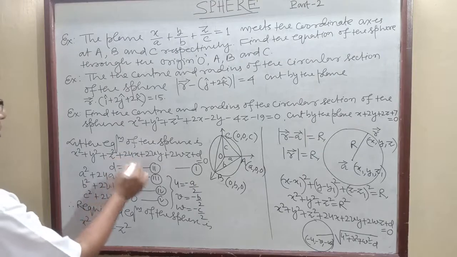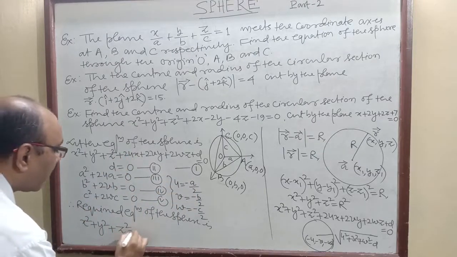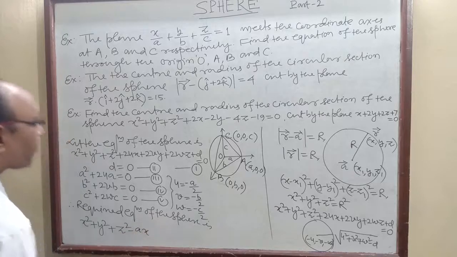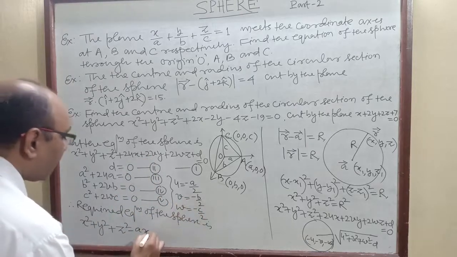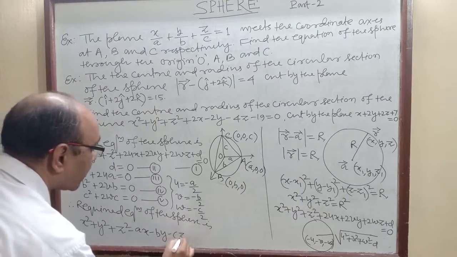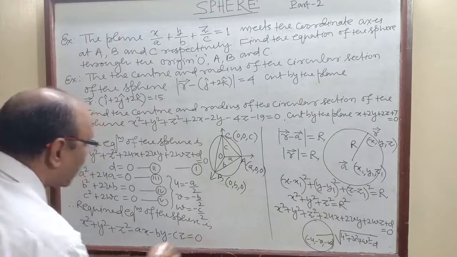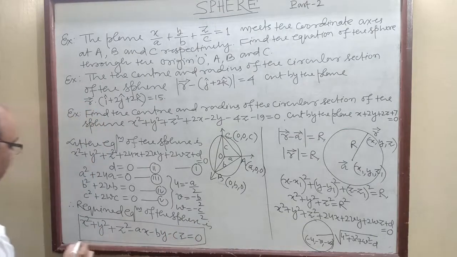In place of u we write minus A by 2, so 2 will cancel, minus ax. In place of v we write minus B by 2, so this becomes minus by. Similarly minus cz equal to 0 is the required equation of the sphere.